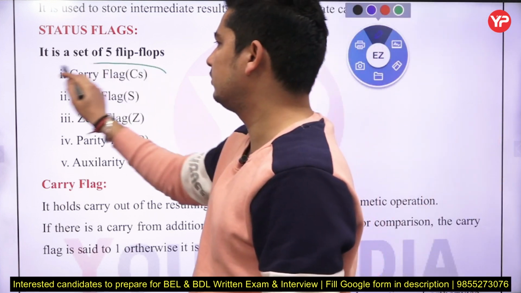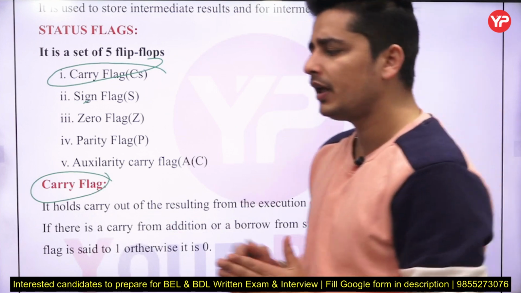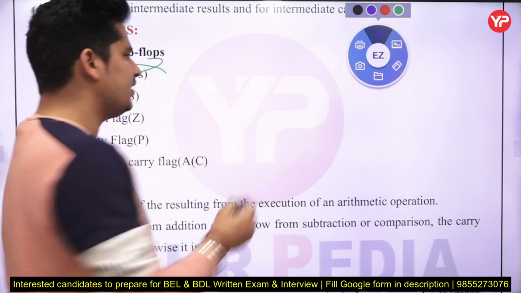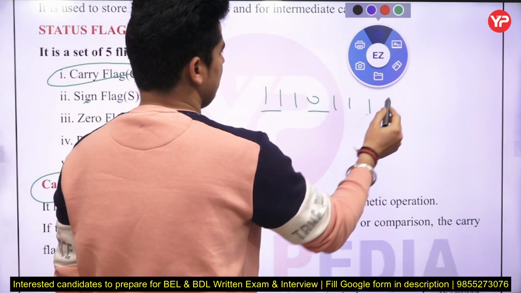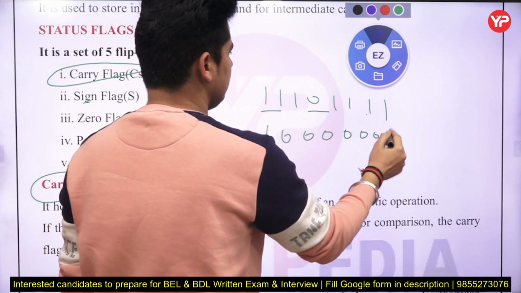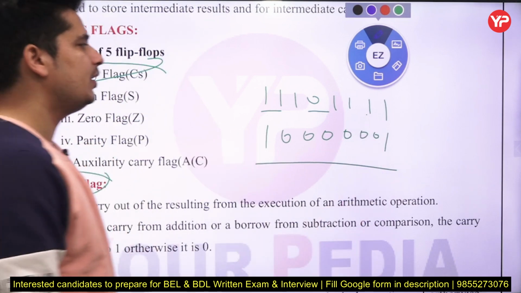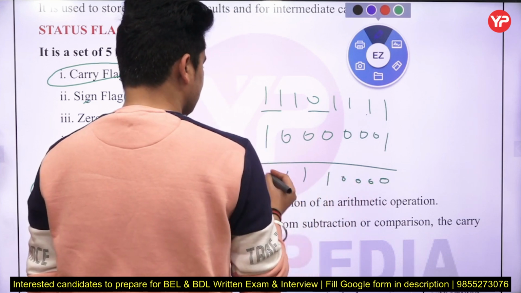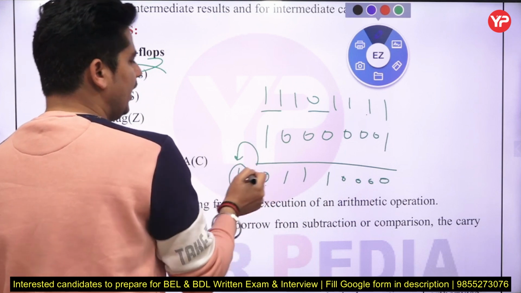Whenever you are performing any addition or subtraction, take an 8-bit addition, for example 11011101 and you are adding 10000001. You are adding these two numbers, and the result has a carry from the MSB.